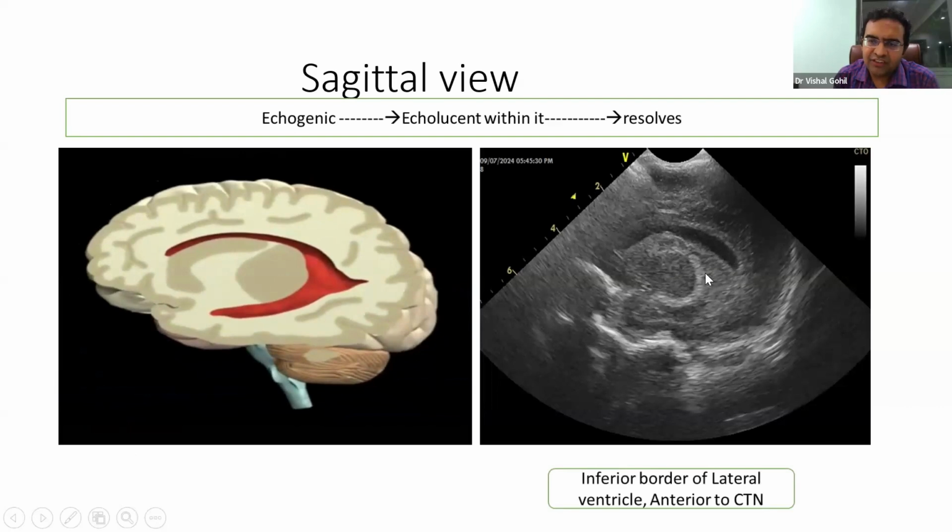So that's why we always get confused whether it is part of the choroid plexus or part of the IVH. Once you see that it crossed the caudothalamic groove over here, that means you are dealing with the IVH. So in the parasagittal view, you can see the inferior border of the lateral ventricle, and mostly it is anterior to the caudothalamic notch.